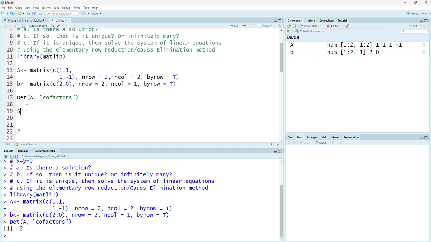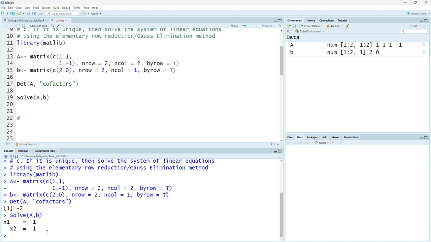Using the solve command, A followed by B, I solved it. Now you can see that x1 is equal to 1 and x2 is equal to 1 as well. So it means my solution is unique. There is only one value of x1 and only one value of x2.